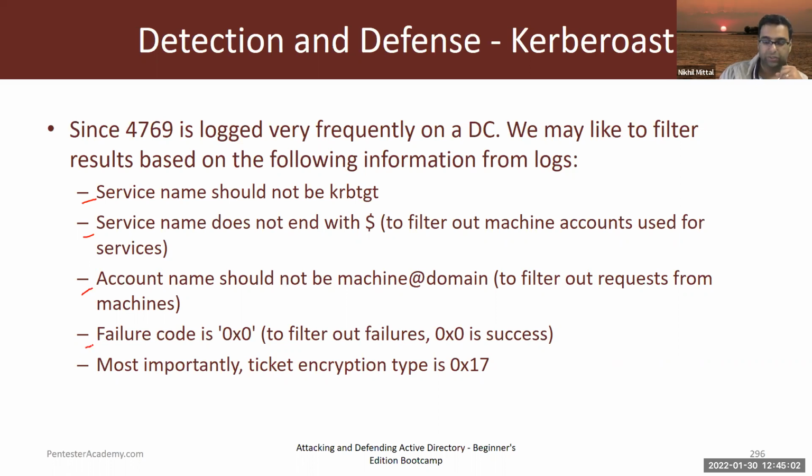Failure code is 0x0; you want to filter out failures. Only success is something you're interested in. And finally, the ticket encryption type is 0x17. This is RC4, which is easier to decrypt. Someone wanted a TGS encrypted with RC4. So this will filter a lot of 4769s, and it would be easier for you to spot a malicious one.